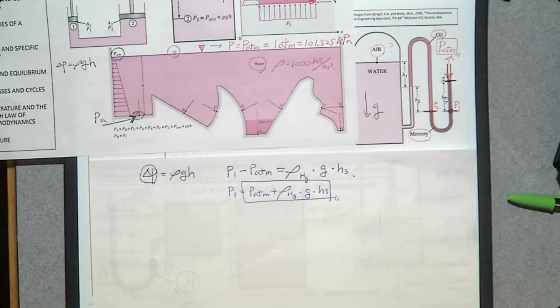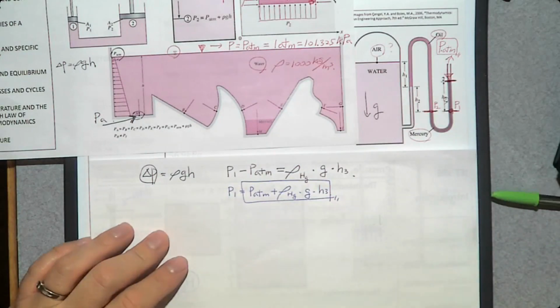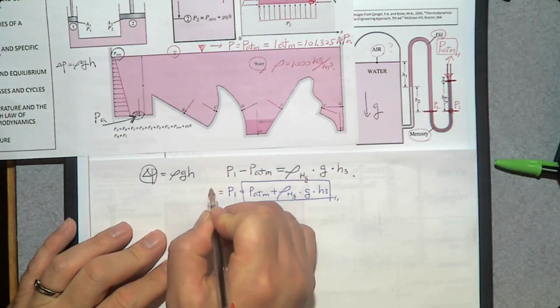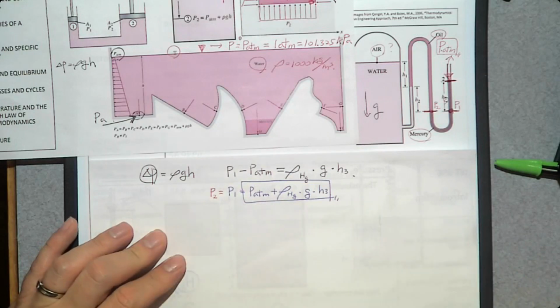They're all the same, right? Then what is the relation between P1 and P2? They are at the same elevation within the same fluid, mercury. So P1 should be the same as P2.